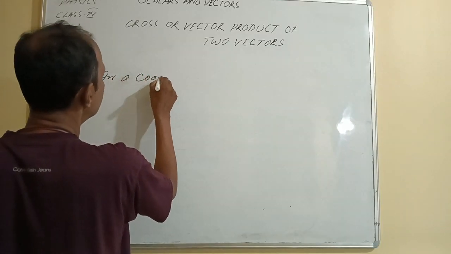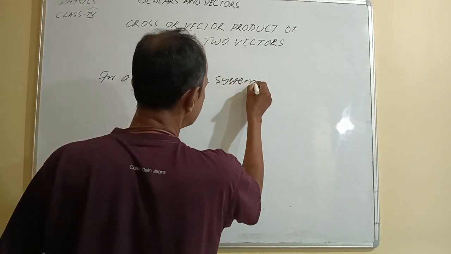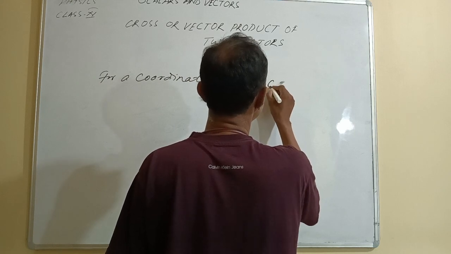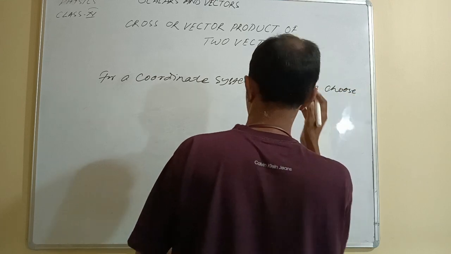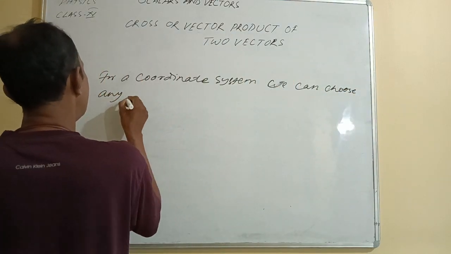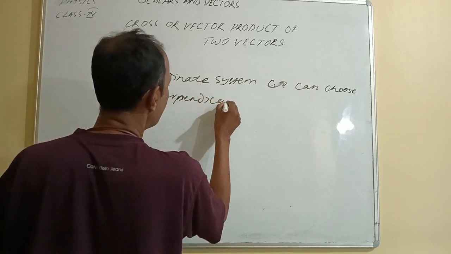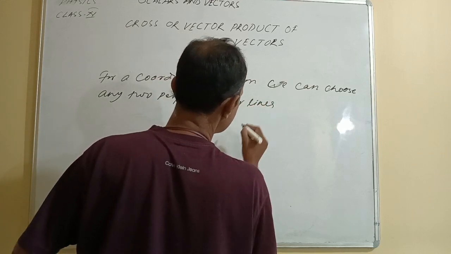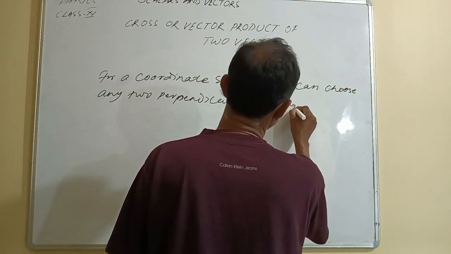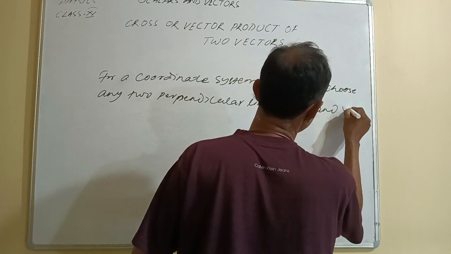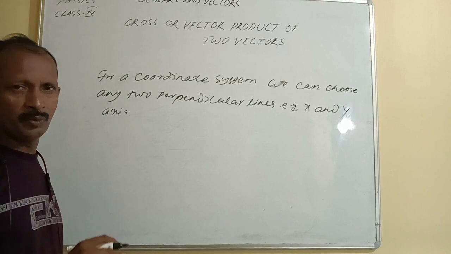For a coordinate system, we can choose any two perpendicular lines, for example x and y axis.